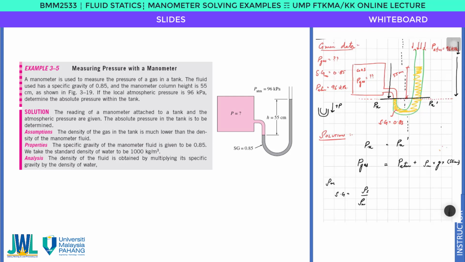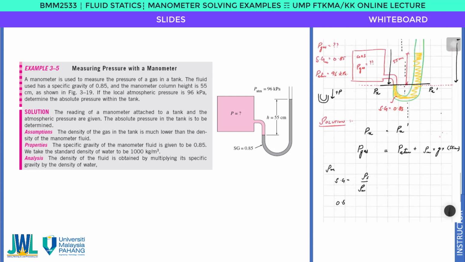So specific gravity 0.85 is equal to the density of the manometric fluid, which I denote as m, divided by the density of water. Density of water is 1000 kilogram per meter cube. So the density of my manometric fluid is equal to 850 kilogram per meter cube.